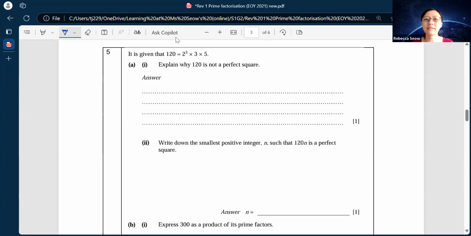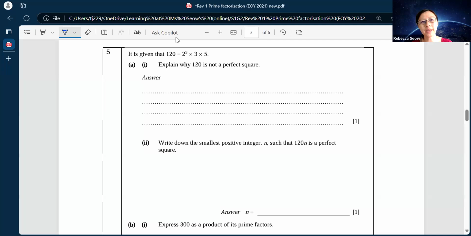If you look at the prime factors here, the powers show 3, 1, and 1. Definitely is not a perfect square. But how do we go about explaining that? Okay, so what we can do is we can mention that the powers are not multiples of 2, and therefore it is not a perfect square.